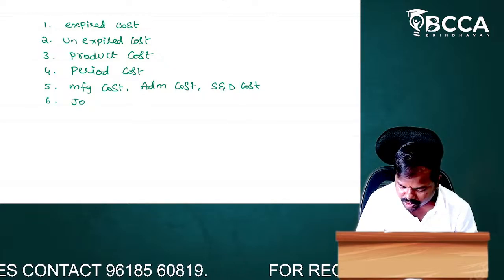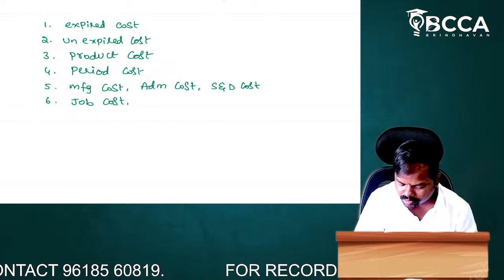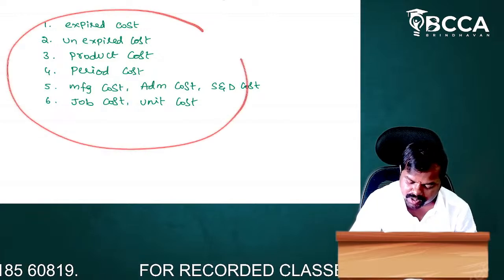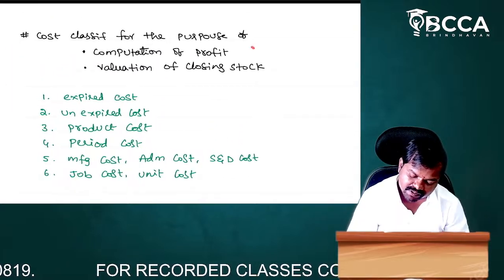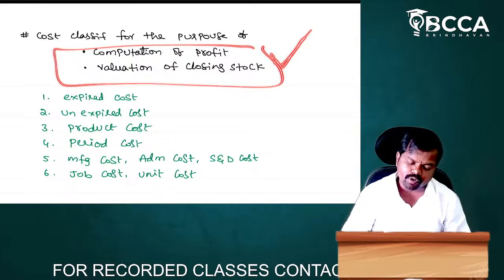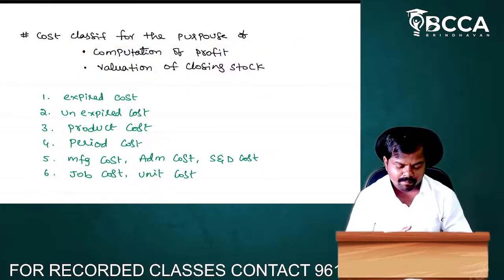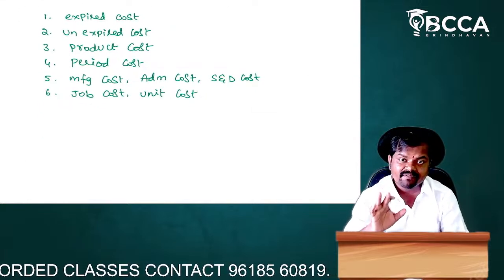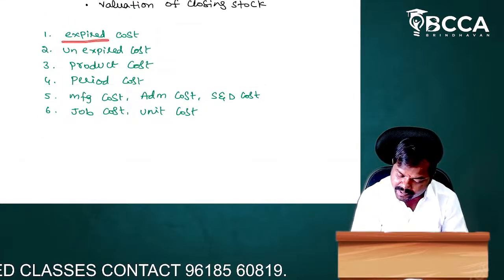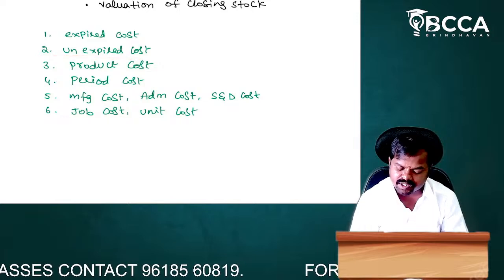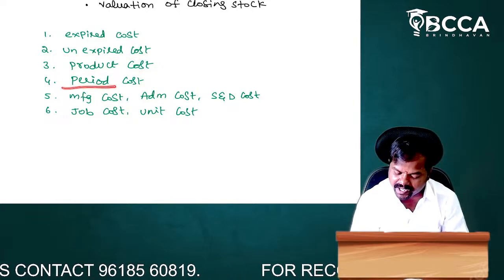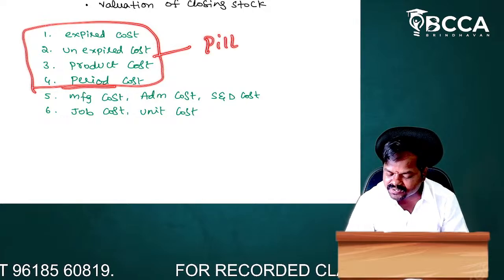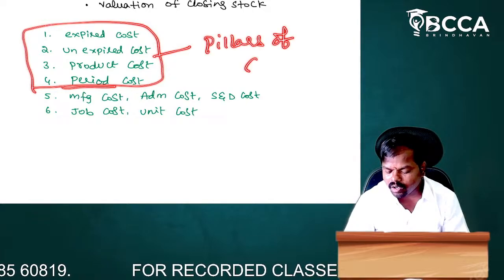Next, job cost, unit cost. These are the cost classifications. For what purpose? For achieving two purposes known as computation of profit as well as valuation of closing stock. Clear? My dear friend, again I am telling you, the terms expired cost, unexpired cost, product cost, period cost are the main pillars of costing.